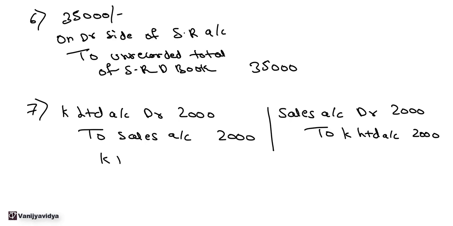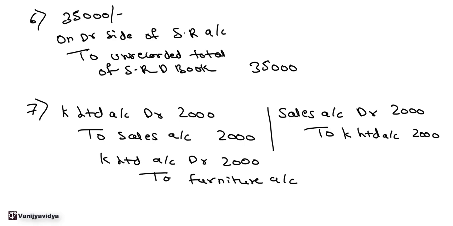The entry should have been K Limited account debit 2000 to furniture account 2000. So now the rectification entry will be combining these two entries. So your K Limited account debit and credit will get cancelled.